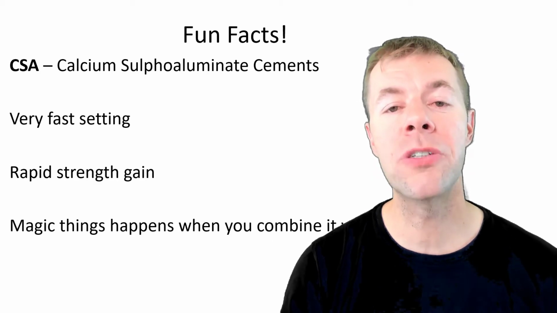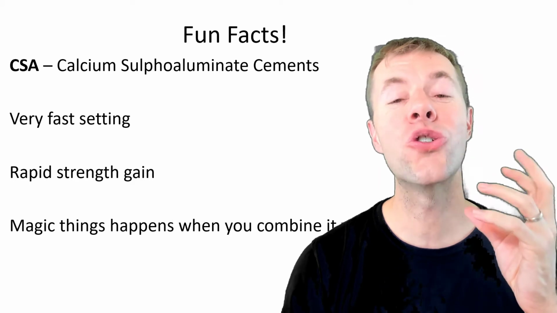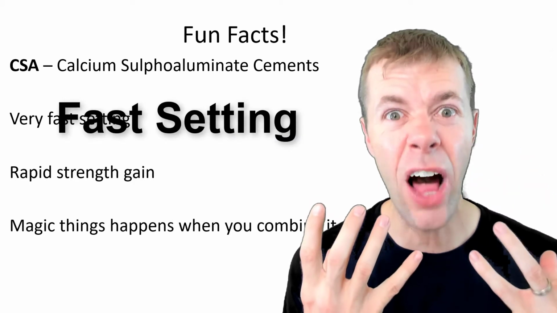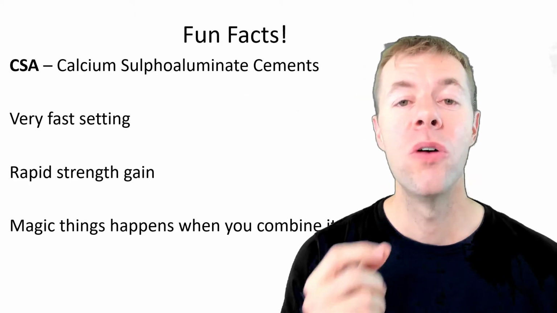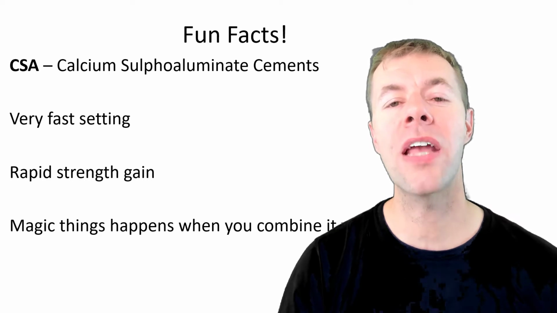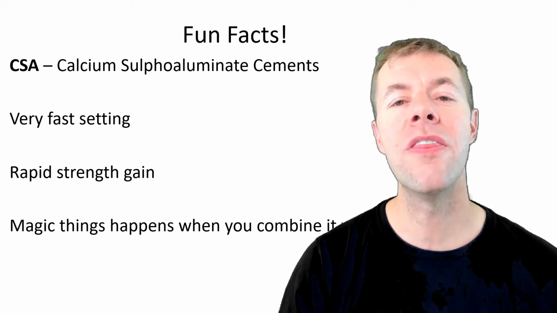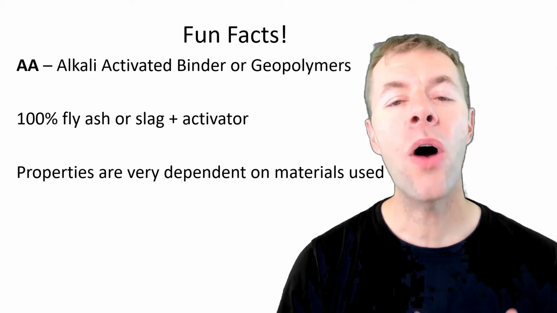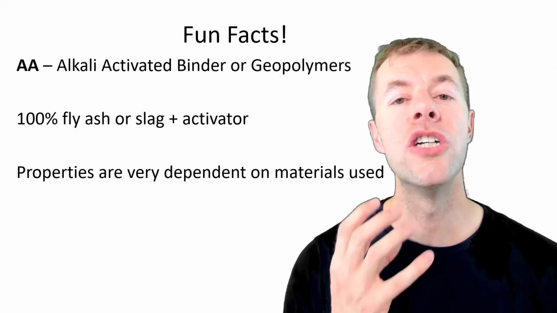Calcium sulfoaluminate cements, they are extremely fast setting. They're like wild stallions if you're not careful. Super fast strength gain, and magic things can happen if you combine them with latex or other polymers like that. Alkali activated, also known as geopolymers.